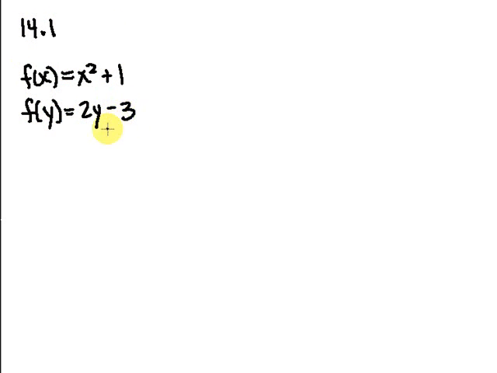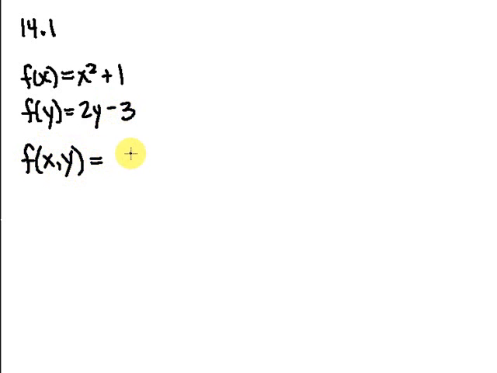So in section 14.1, rather than looking at functions like we usually do, say f of x equals x squared plus 1, or even f of y equals 2y minus 3, we're going to be looking at functions of more than one variable. So, for example, we might have a function whose value depends on both an x and a y value.